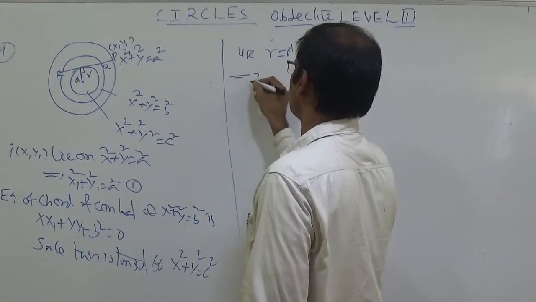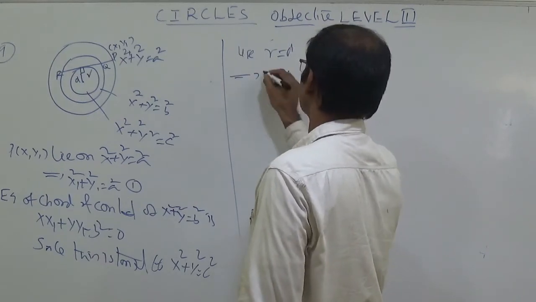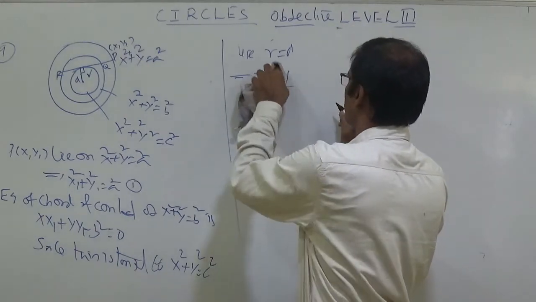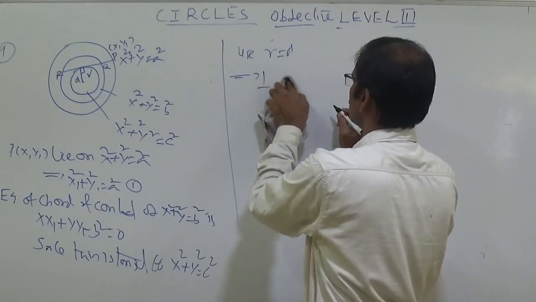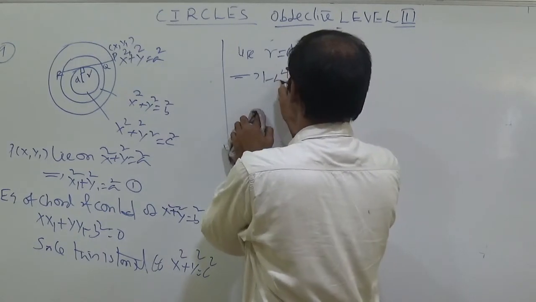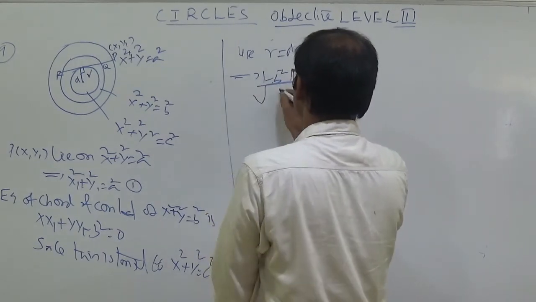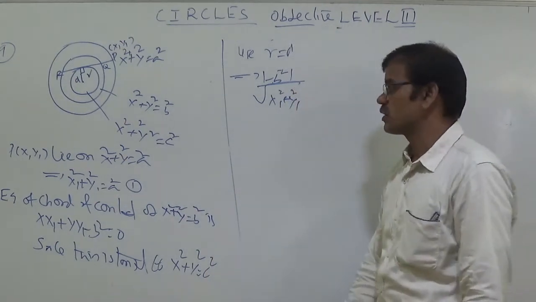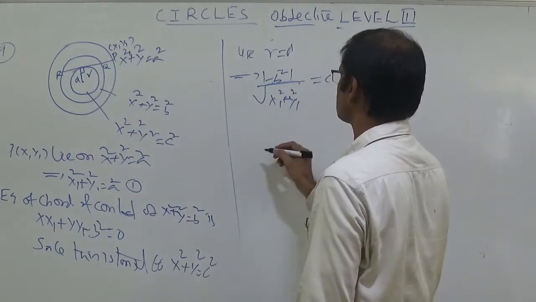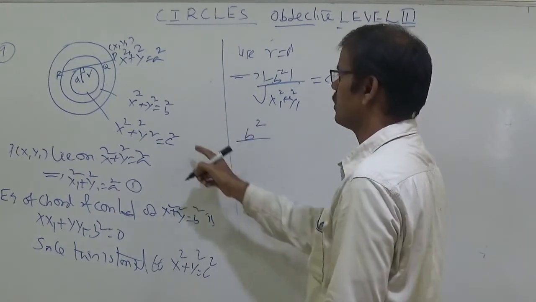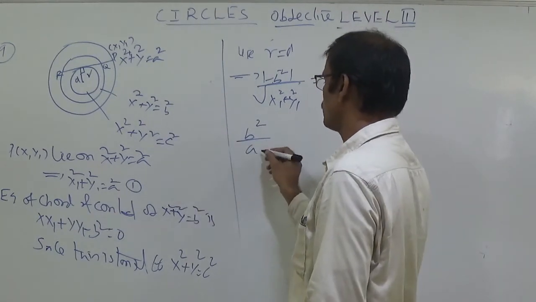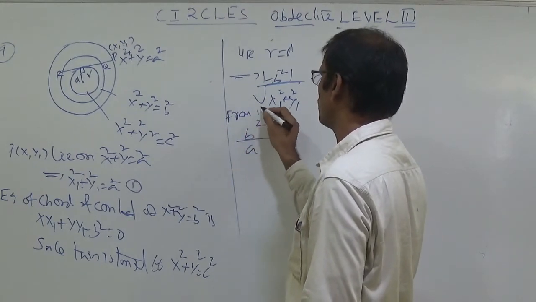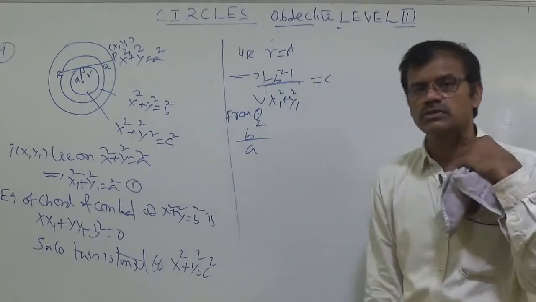Using r is equal to d, you can write modulus of minus b square. The formula for the perpendicular distance from 0, 0 to the line ax plus by plus c equal to 0 is mod c by root of a square plus b square. You can write here modulus of minus b square by root of x1 square plus y1 square equal to c. So b square by, from 1 you can write a, because the point x1 y1 lies on the first circle x square plus y square equal to a square.